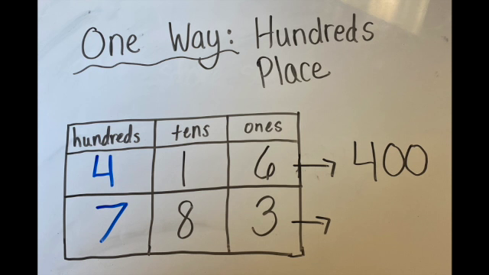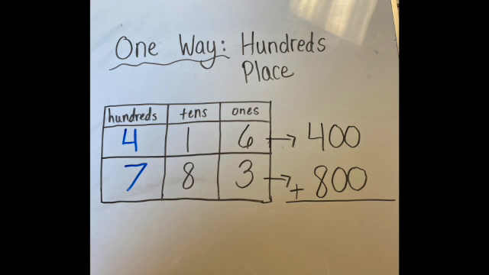Well, the tens place is an 8. So, remember what I said last time: if the tens place is 5 or higher, I round up. And if it's 4 or lower, I round down. So, 8 is 5 or higher, so I'm going to round up and turn 783 to 800.